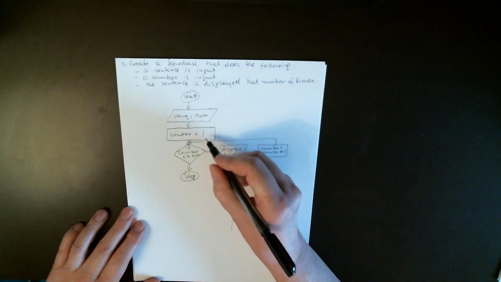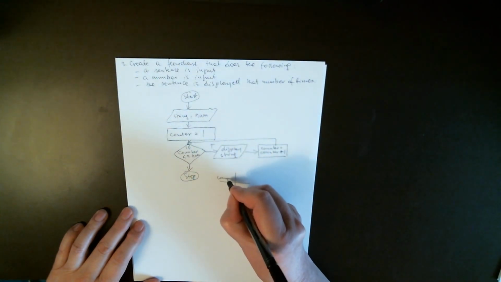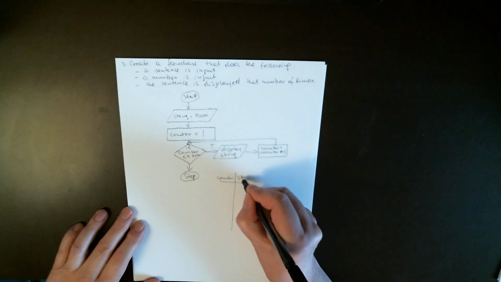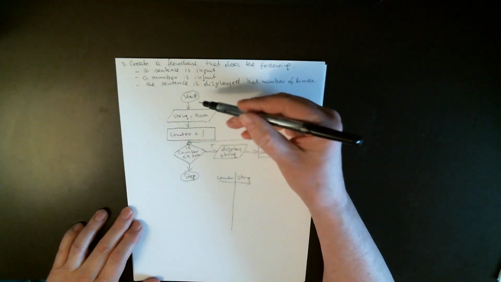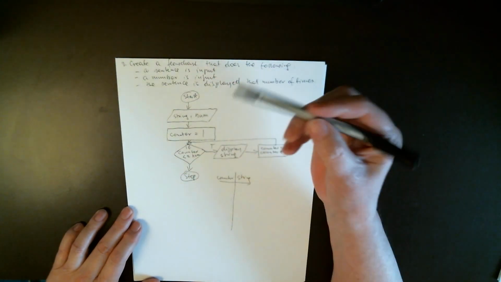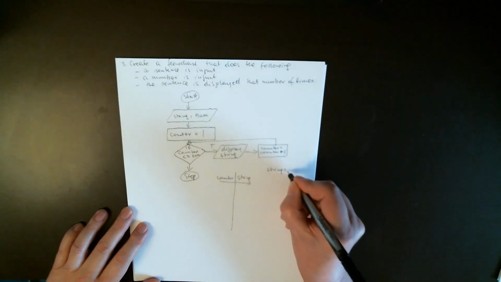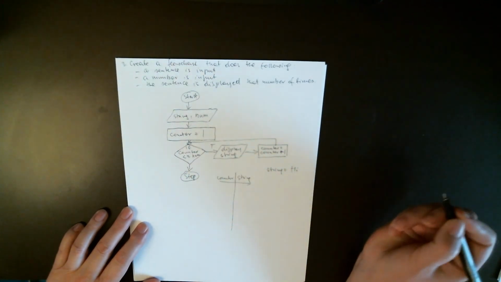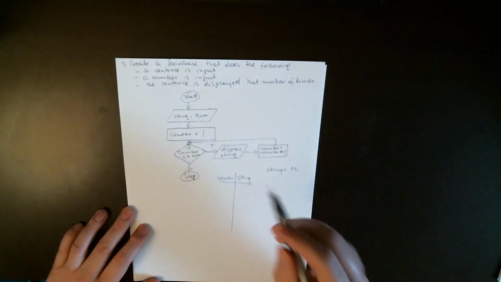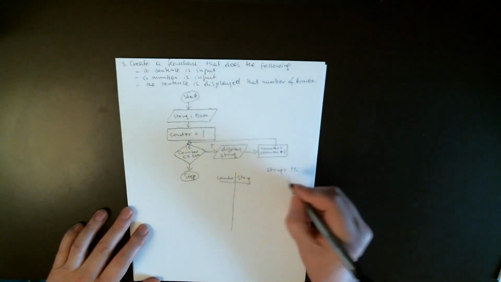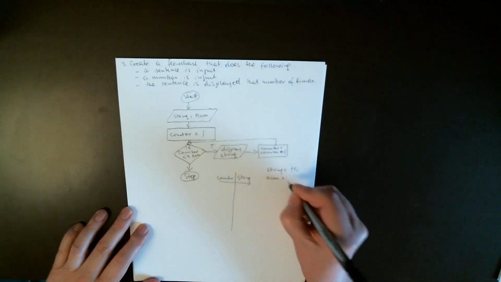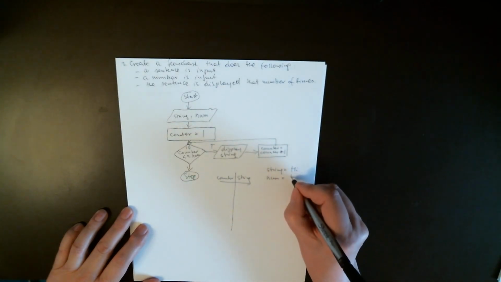Okay, so I'll start with a counter here, and then with a string here. Okay, so let's go through the program. String. Okay, let's say that our string is hi. You know, I don't want to write too much. Okay, and let's say that now a number, okay, let's not make it too big, is 5.